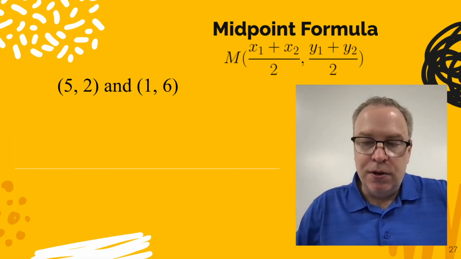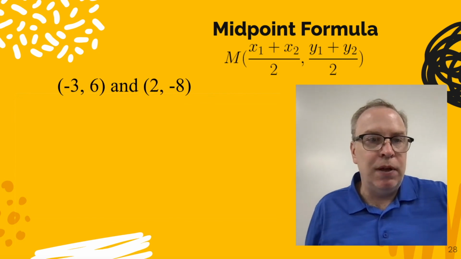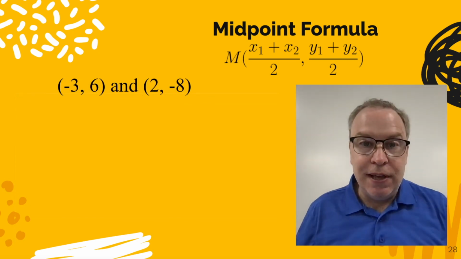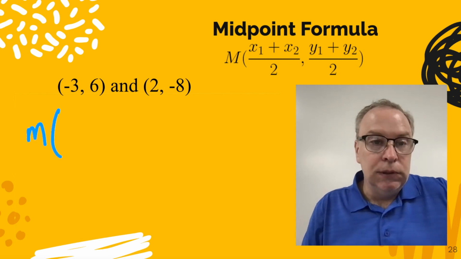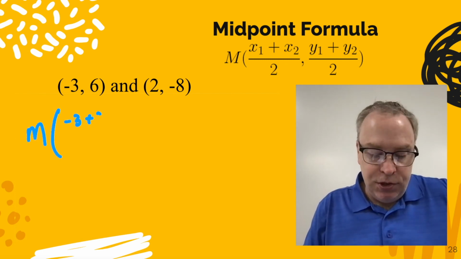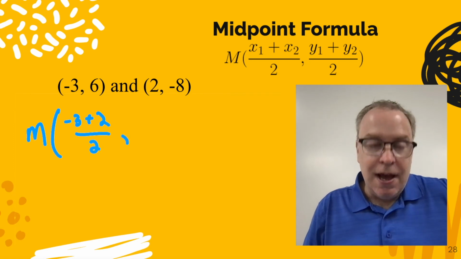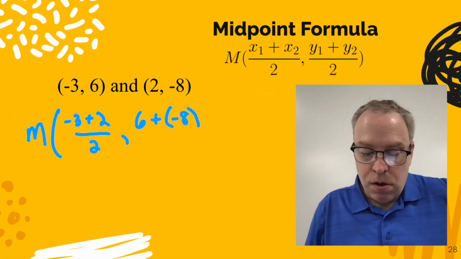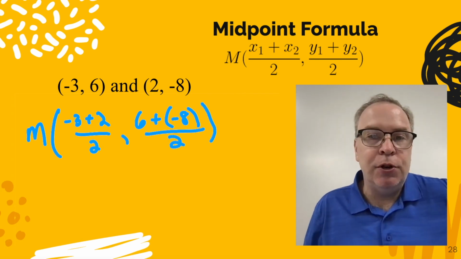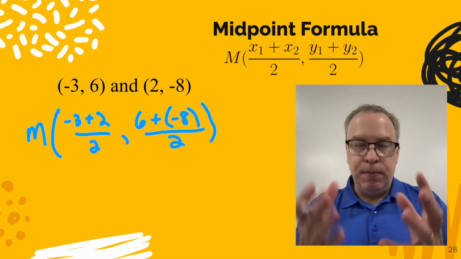Let's try another example, maybe with some minus signs thrown in. We're going to average the x's, we're going to average the y's, and get our answer. Super simple. -3 plus 2 all over 2, comma 6 plus negative 8 all over 2. And a lot of this you can do in your head. I'm showing my work because you're watching a video here.